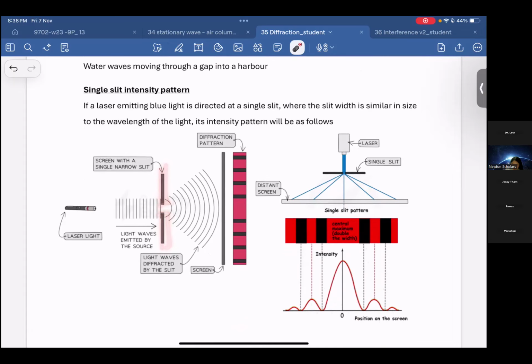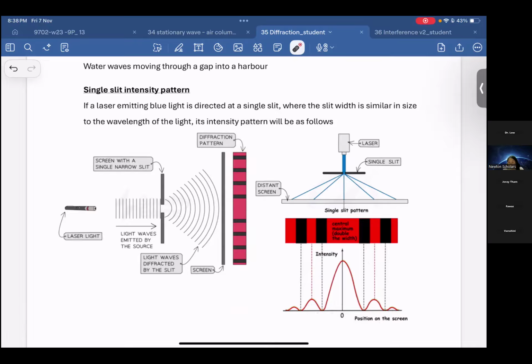This one is a laser pen, which gives monochromatic light, the light with a single frequency or single wavelength. In year 10 we learned monochromatic light is light with a single frequency or wavelength. So this is the pattern that we can see on the screen: bright and dark fringes when they are spreading out.